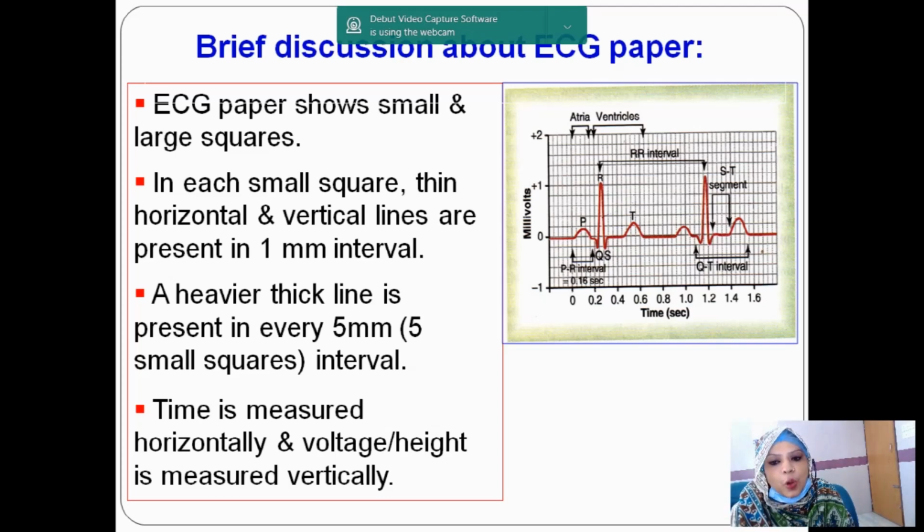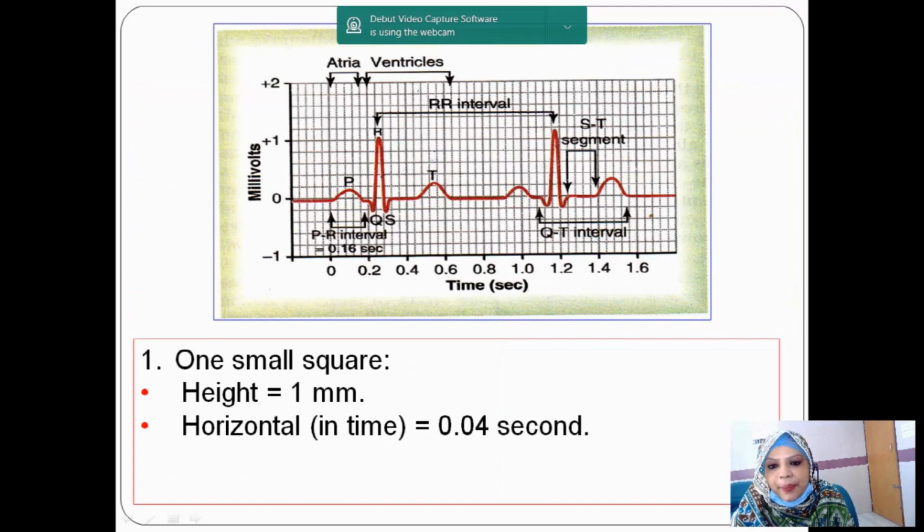Time is always measured horizontally, and voltage, that is millivolts, is always measured vertically. The y-axis is always measured in millivolts, and the x-axis always measures time.